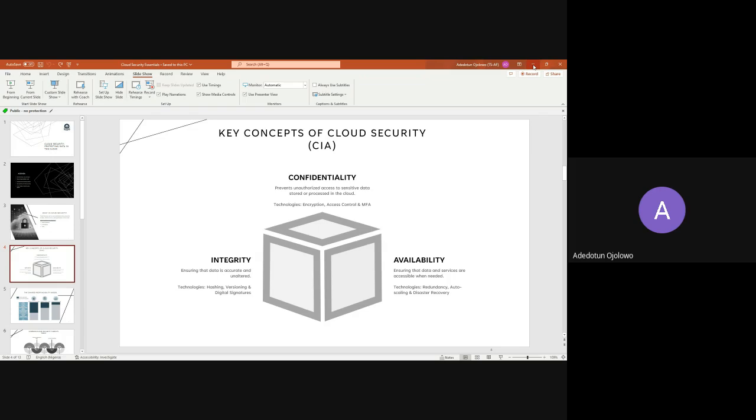Okay, so first, let's look at confidentiality. Confidentiality is basically ensuring that you are preventing unauthorized access to data that is stored or processed in the cloud. Whoever should not have access shouldn't gain access. I shouldn't be able to gain access into Witness's data in the cloud without him giving me authorization.